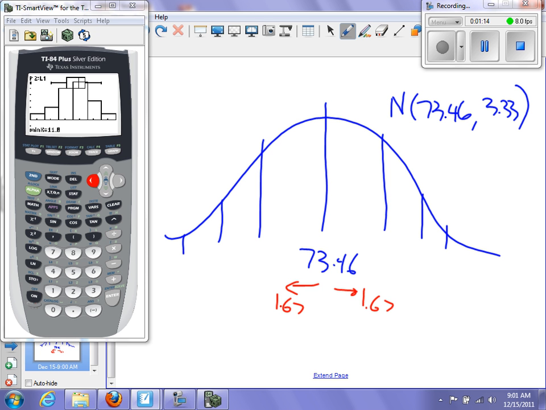Questions as to why I'm thinking that? Because if I was here, I would be within 1.67 seconds of my mean, and same thing over on that side, right? All right, so what are those values?